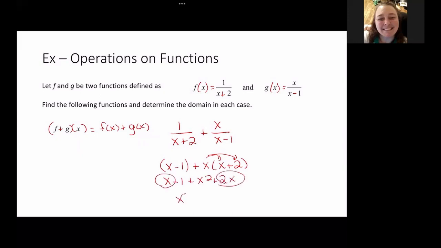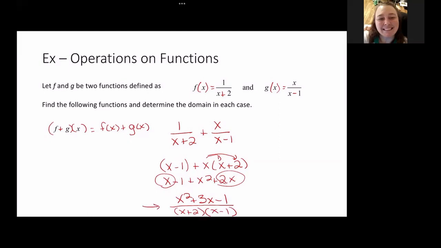Okay, so we have x squared plus 3x minus 1. Now that's what the function is. Oh, sorry, this is over x plus 2 times x minus 1.